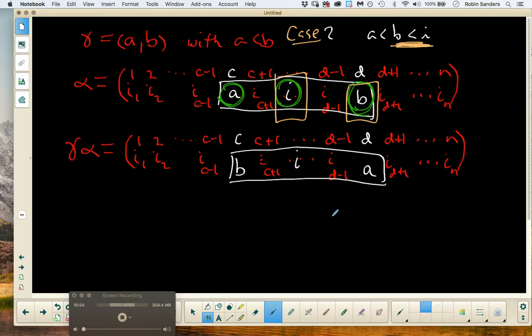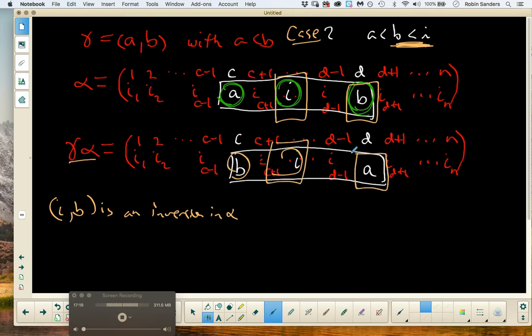So over here we have IB is an inversion inside alpha. And what we notice is that when we get down to this permutation, well, the BI is not an inversion, but IA is.